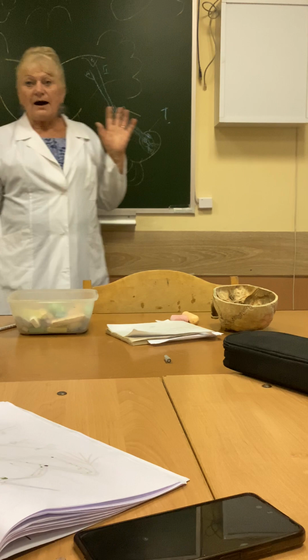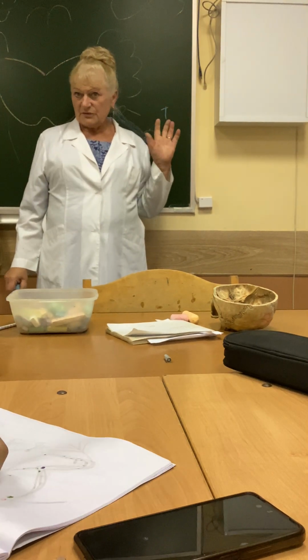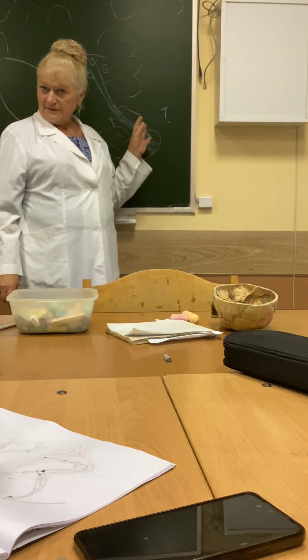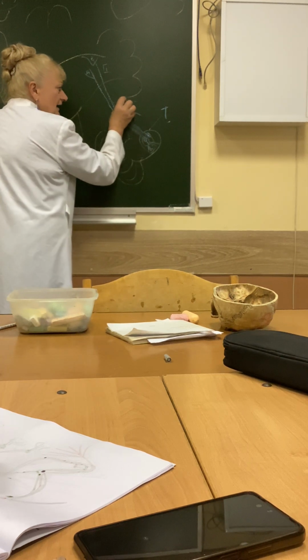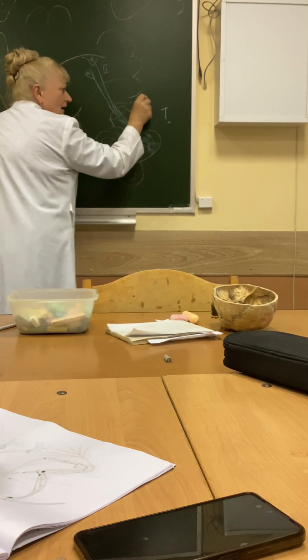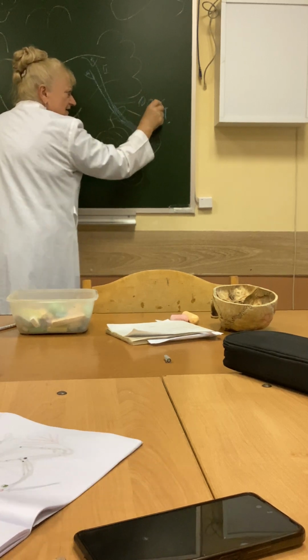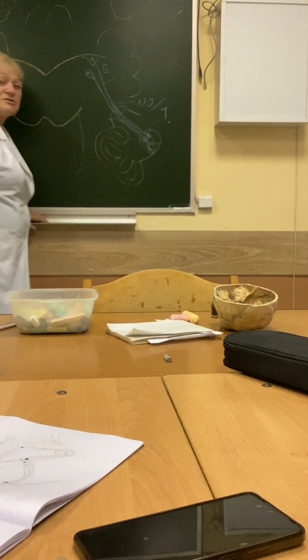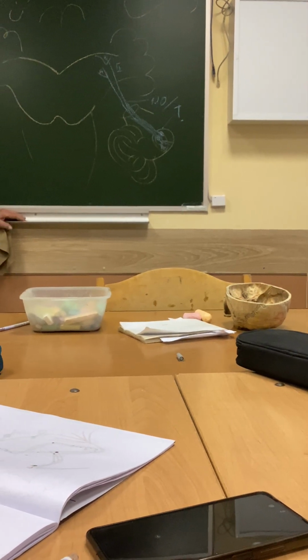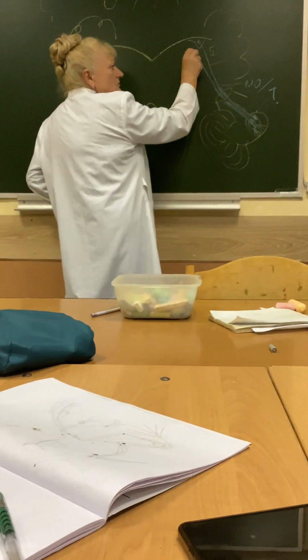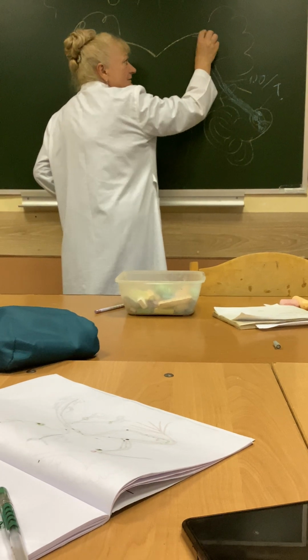I stand between you, because this is my left ear. From my left ear will direct to the brain 100% of the hearing. They will come to the dorsal cochlear nucleus and ventral.